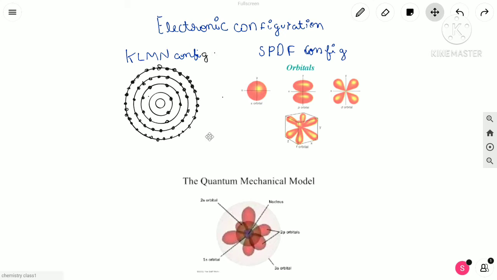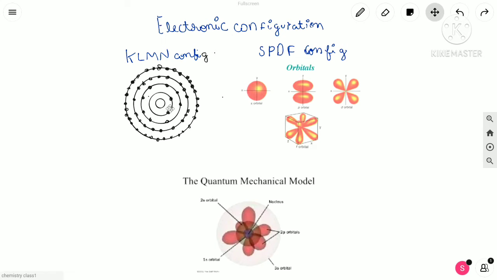But electronic configuration was a very interesting concept, as it was not as direct as the nucleus. First we came up with the KLM configuration, during the days of Niels Bohr's atomic model.